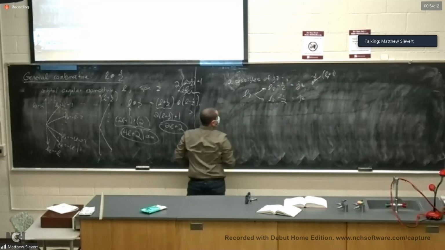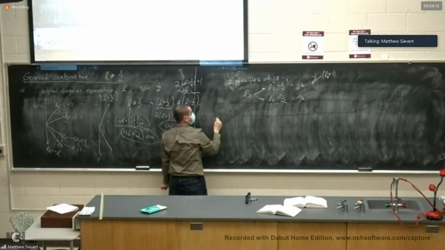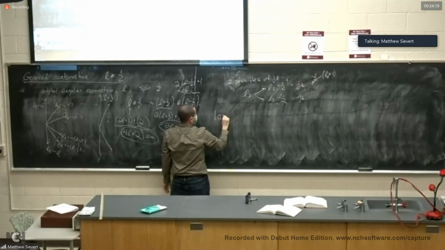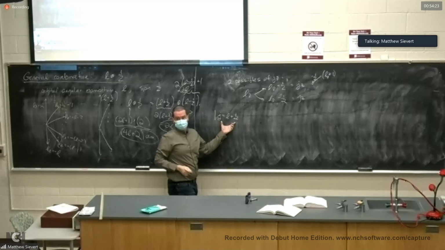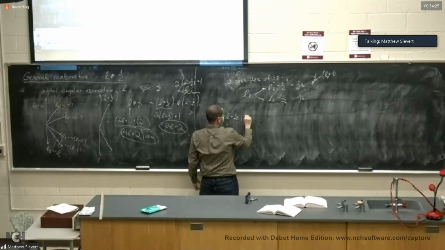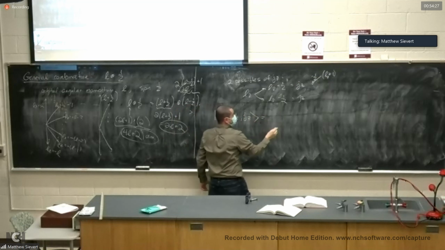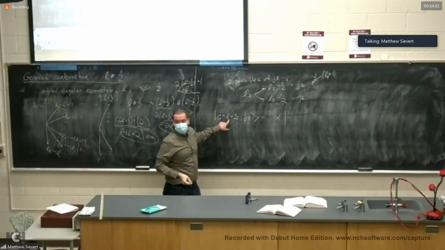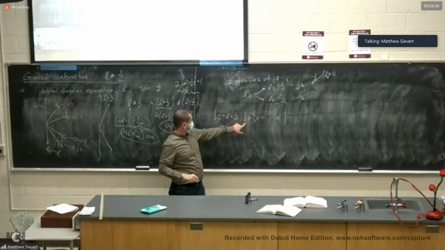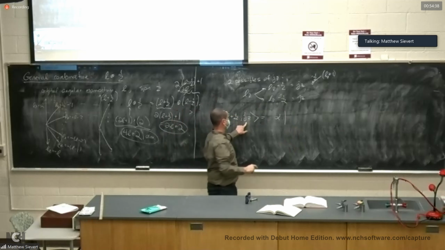So I don't know if that cartoon makes sense to you. What I'm trying to say mathematically is that the state where I have J equals L plus 1/2, that's the state on the primary ladder, and a given value of JZ is made up of some combination of the lower value of L spin up and a higher value of L spin down. And I have to add them both up in a way that gives me JZ.